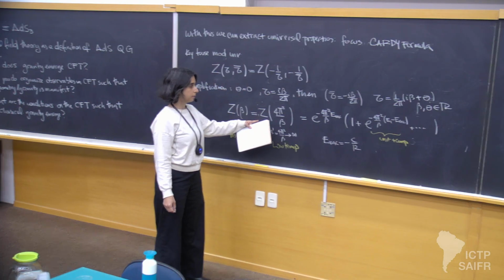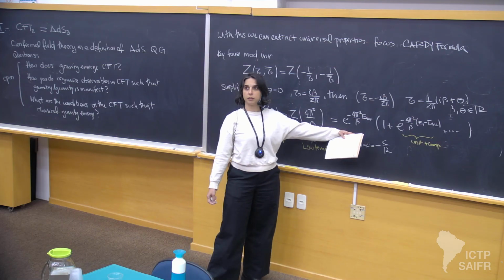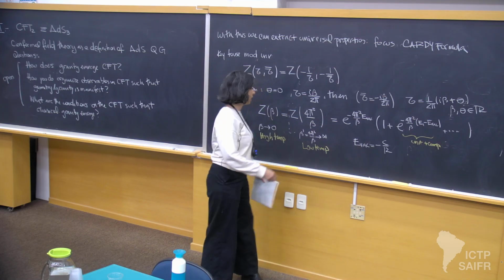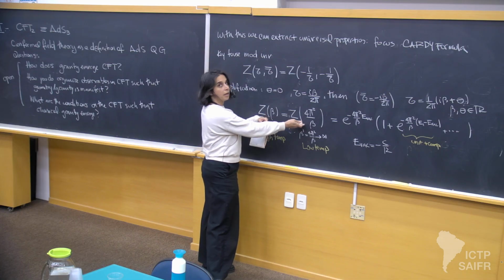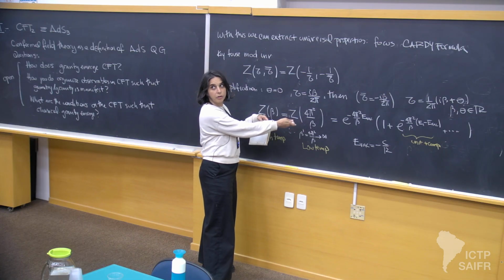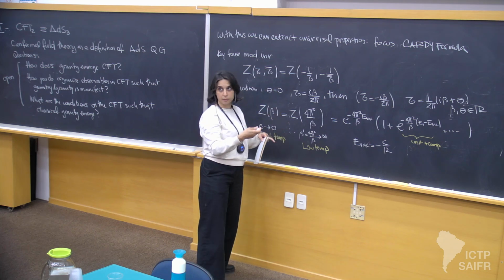No, here I'm taking an approximation. I'm just saying this is a true statement, true for any temperature that I want. It's an exact statement of the CFT that this is invariant.